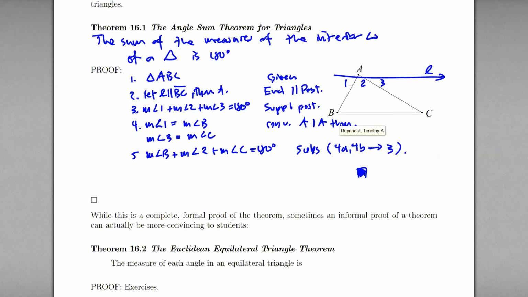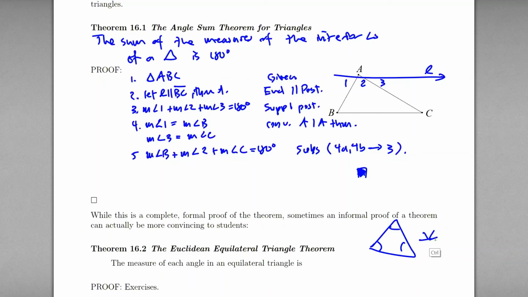If you were a little unsure, if you needed a little bit more convincing, 3 and C are supposed to be the same, 1 and B are supposed to be the same. So what you could do is take a sheet of paper, cut out a triangle. It's a pretty terrible triangle here. And rip off the 3 corners and line them up.